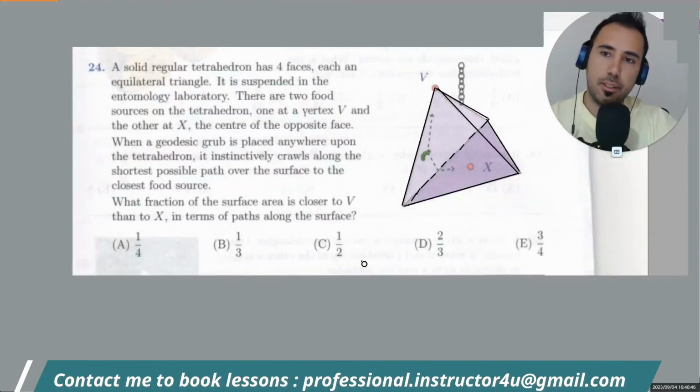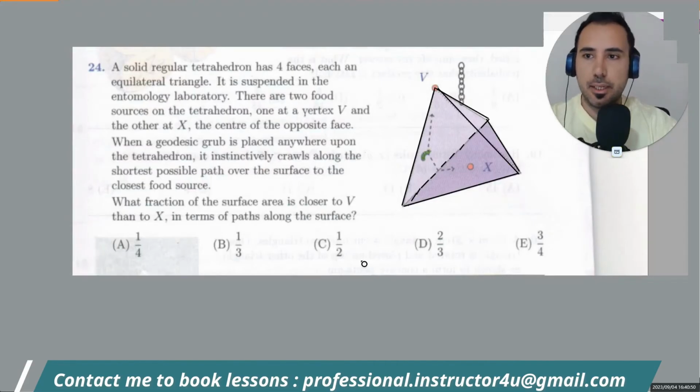A solid regular tetrahedron has 4 faces, each an equilateral triangle. So all the sides are equal. It is suspended in the entomology laboratory. There are 2 food sources on the tetrahedron, one at the vertex V and the other one at X, the center of the opposite face.